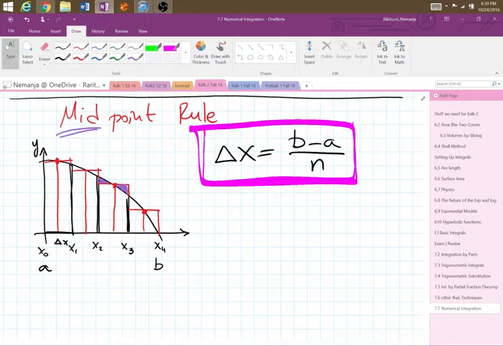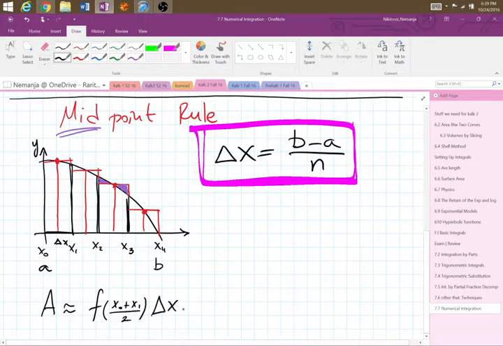So what you are clearly doing is figuring out the midpoint between x0 and x1. So now area is approximated by, you know that each one of these rectangles will be height times delta x. So let's do a step. f of (x0 plus x1) over 2 times delta x. That would be the height.